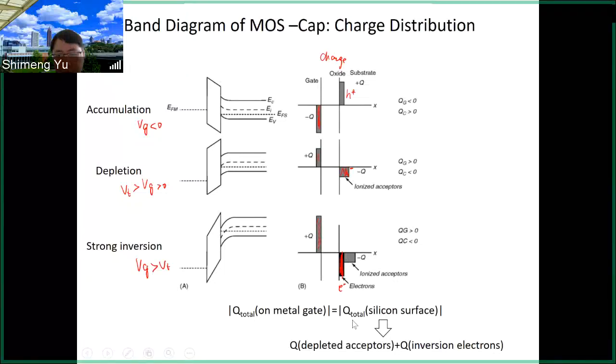And in this strong inversion condition, we have two components for the negative charge. One is this depleted acceptors, this Na minus, and then the other is this inversion electrons at the surface. But before the strong inversion, let's say in the depletion, the negative charge will only be this depleted acceptors.